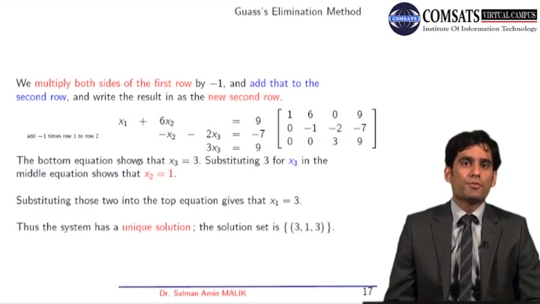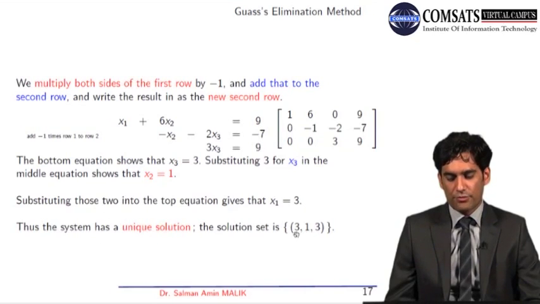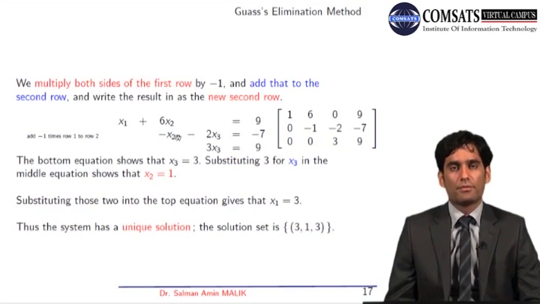So we are able to find a solution of the system of linear equations, which is x1 equals 3, x2 equals 1, x3 equals 3, which is a unique solution of the system.